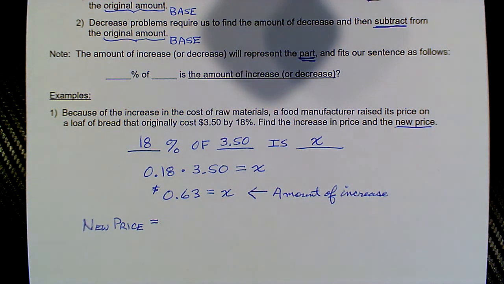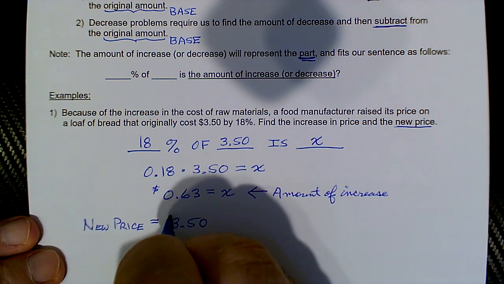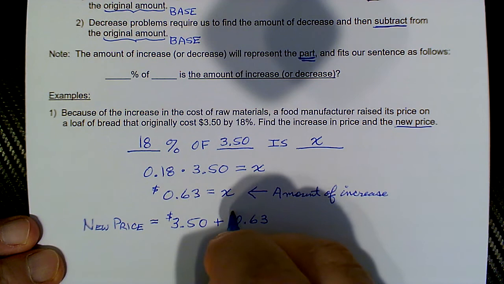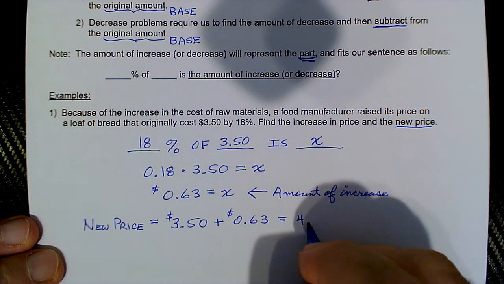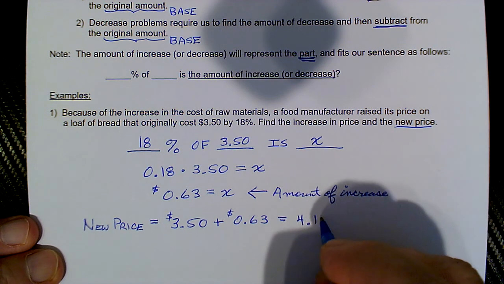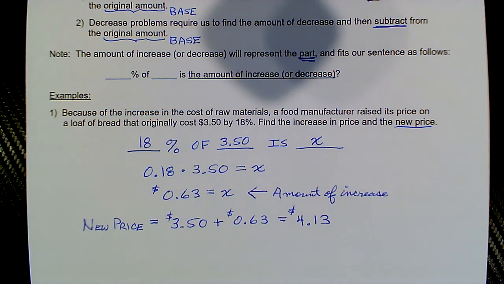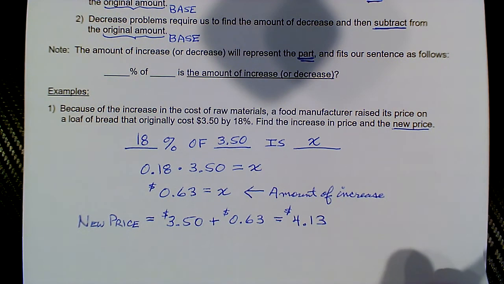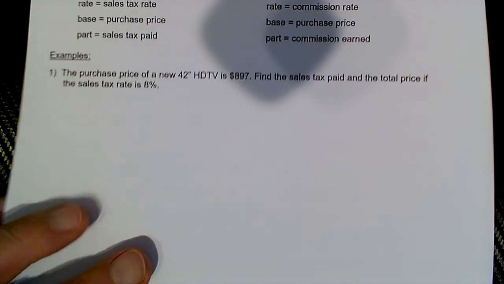It's just taking the original price of $3.50, and since it was an increase, we're going to add the 63 cents, and the cost of this loaf of bread is now $4.13. So a decrease works the same way, as we'll see in the next example, except for the fact that we will be subtracting from the original amount.